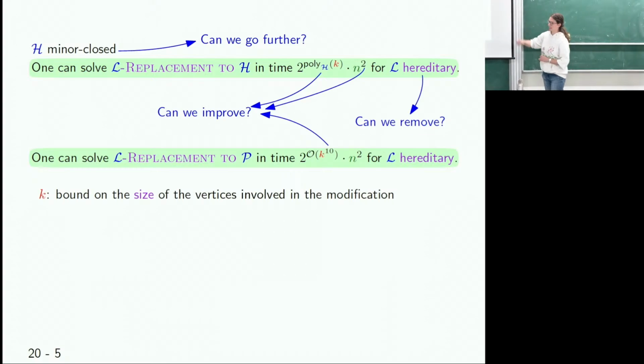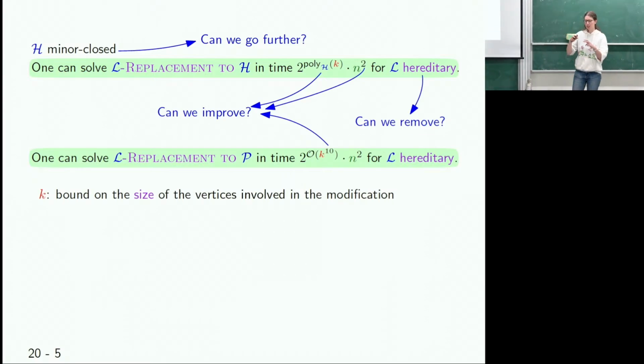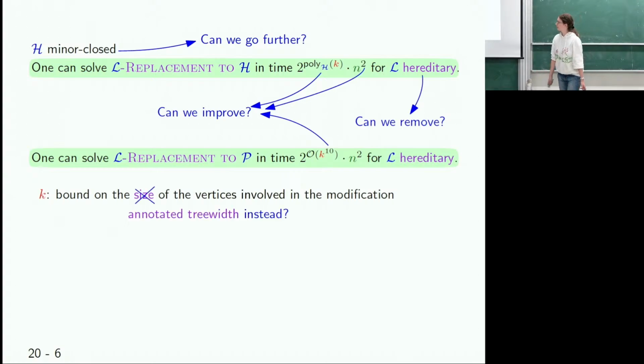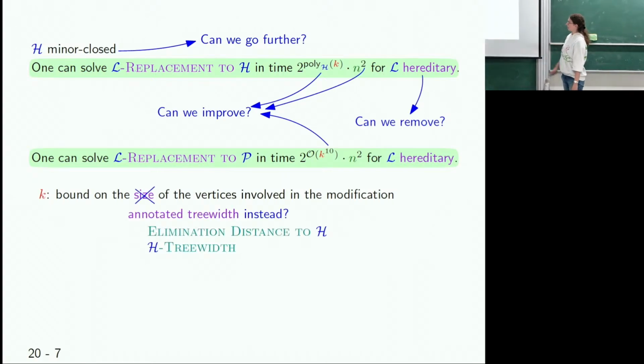Also, here I take as a parameter k, the number of vertices involved in the modification. But if you want to do elimination distance or H-treewidth, then this doesn't work here. So can we go further than this?